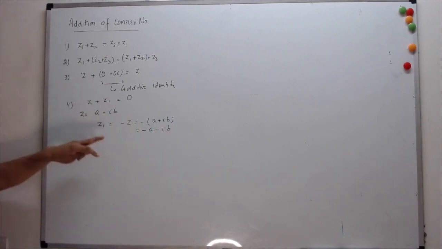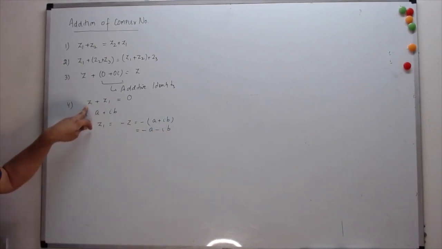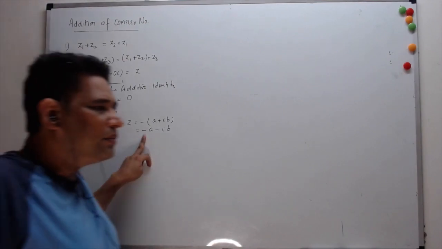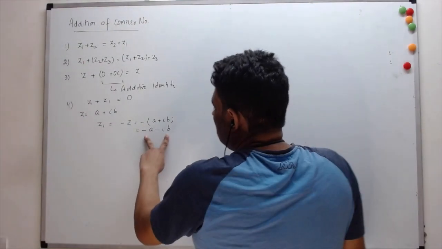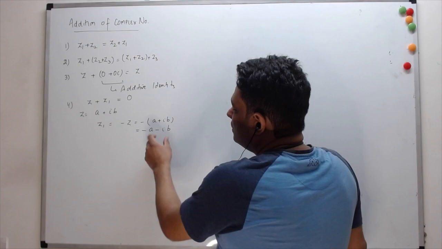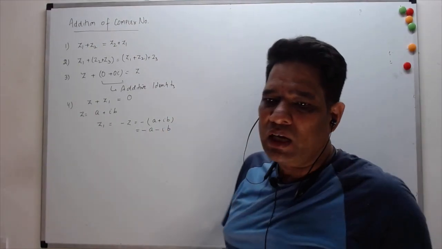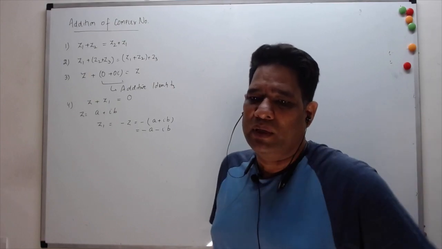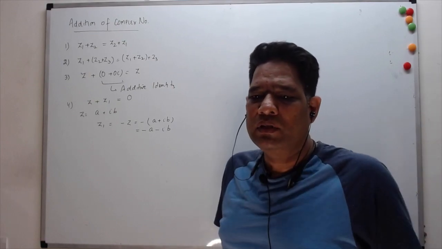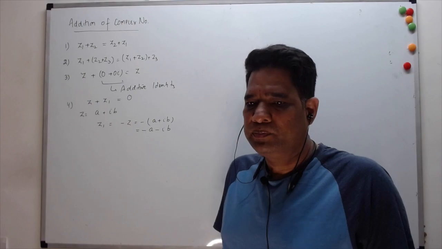So the additive inverse of any complex number is a number whose real and imaginary components have reversed signs. Basically that's what the additive inverse of any complex number is.